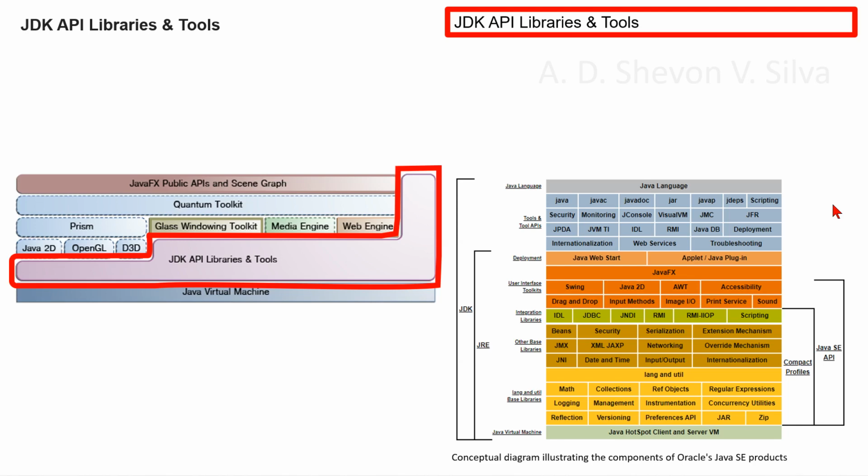necessary for developing applets and applications. JRE 8 provides the libraries, the Java virtual machine, JVM, and other components to run applets and applications written in the Java programming language.